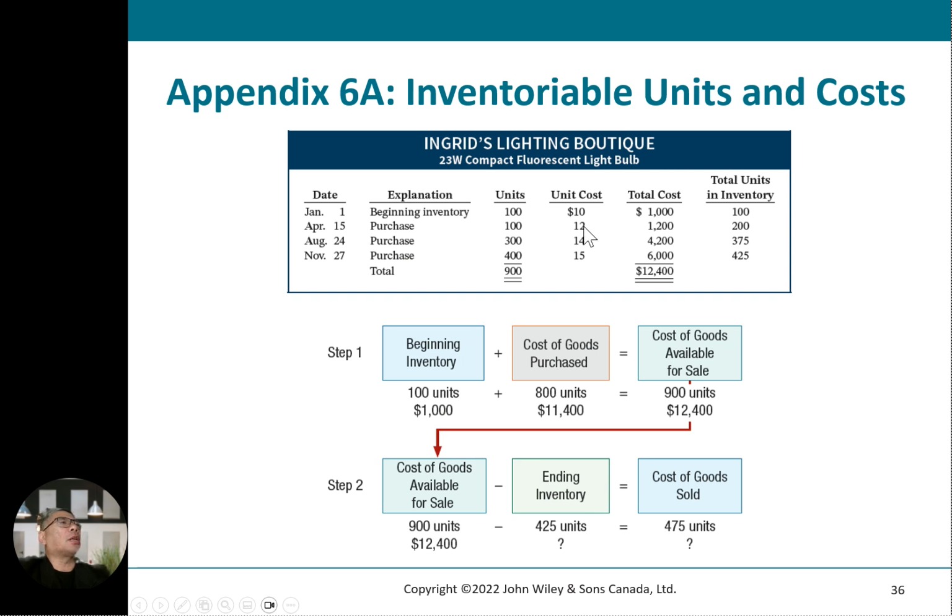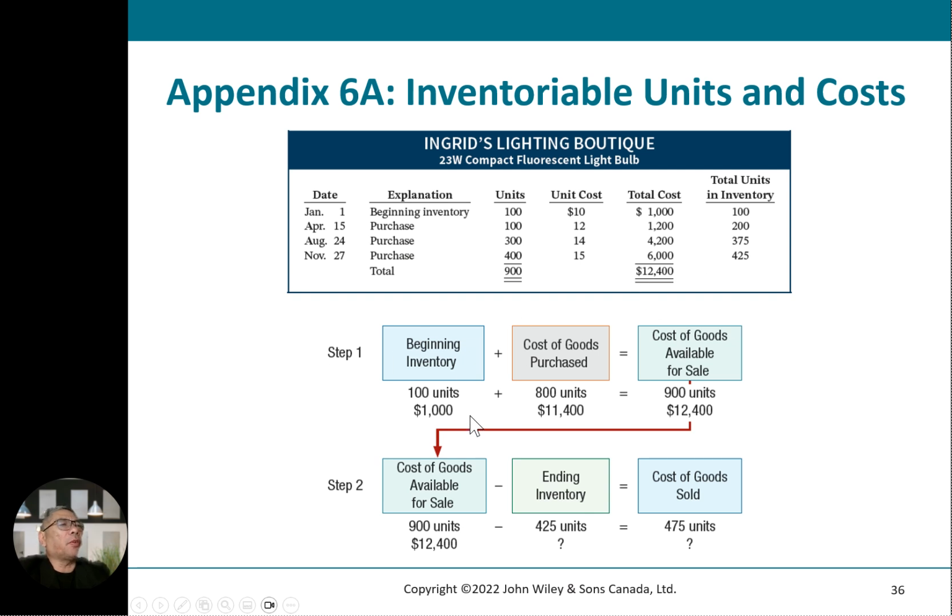April 15 purchase 100 units at $12, 1,200 total cost, you get to 200 here. May 24 purchase 300 at $14 unit cost, 4,200 total cost, you have 375. 27 purchase 400 units, unit cost 17, total cost 6,000, the inventory is 4,000, you got 12,400.